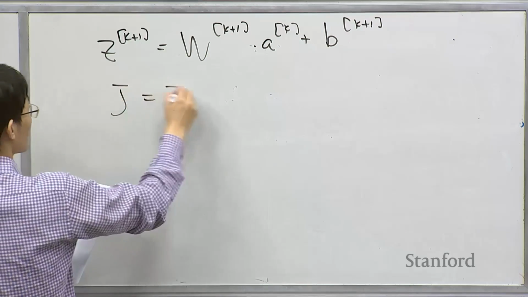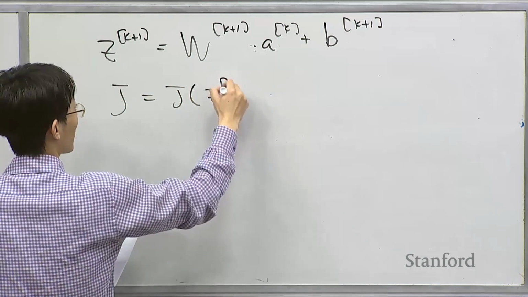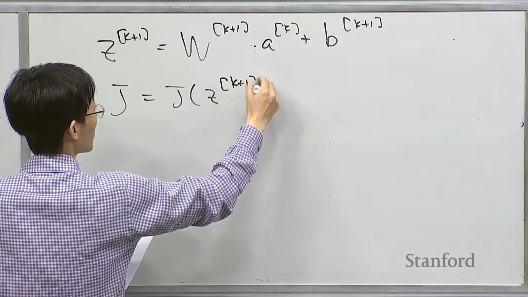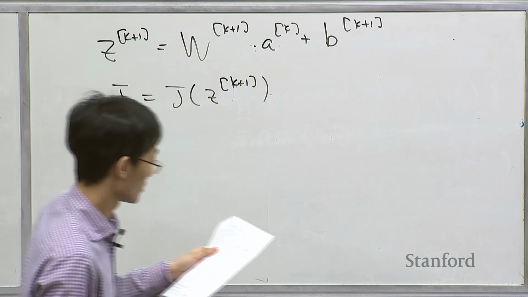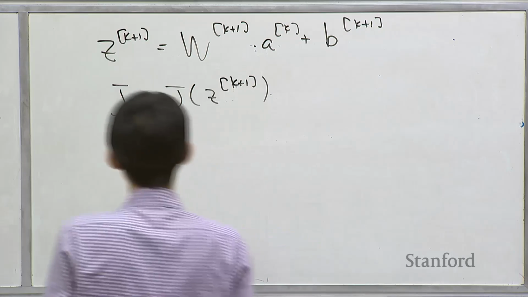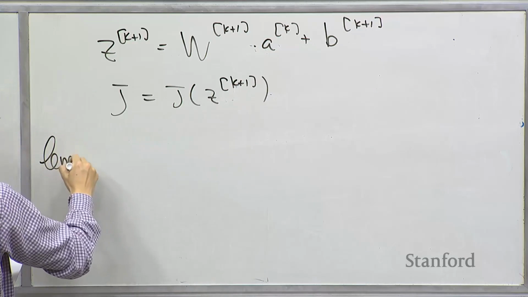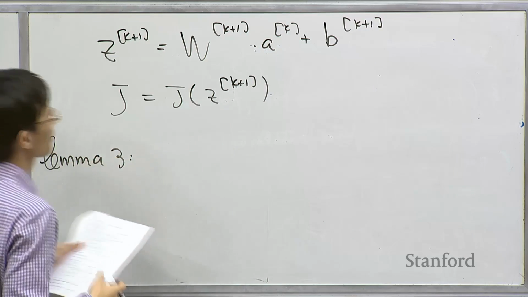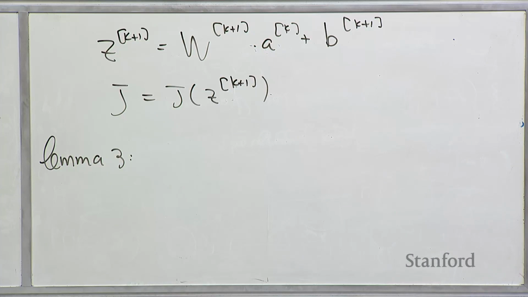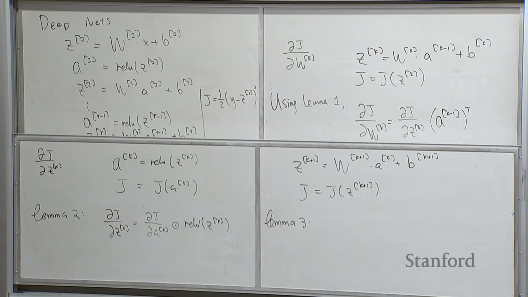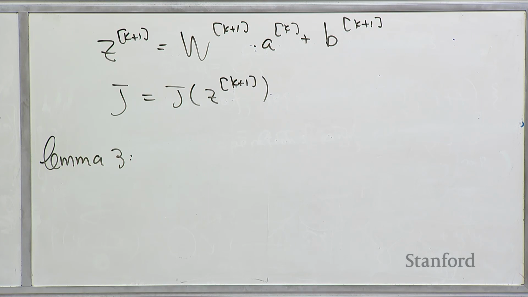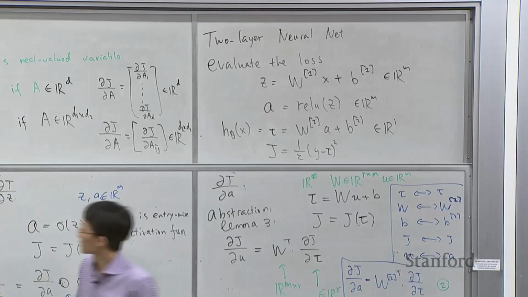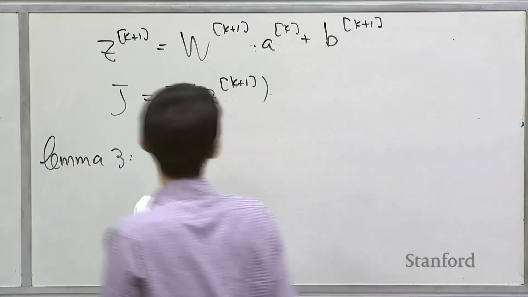Then the rest of the thing is abstracted as a general thing, and now I'm going to use lemma 3. Lemma 3 is also about matrix multiplication, but it takes the derivative with respect to the input to the matrix multiplication. A is the input.